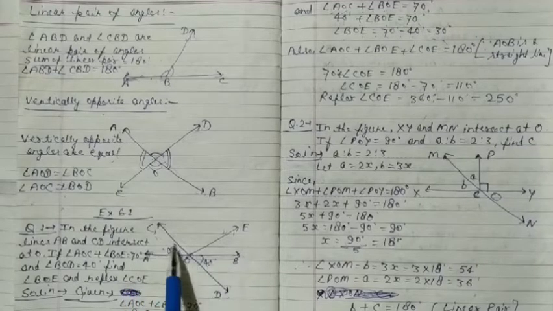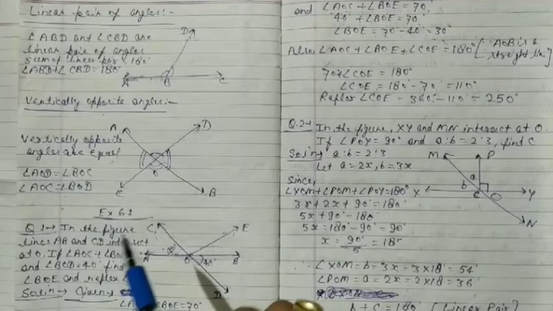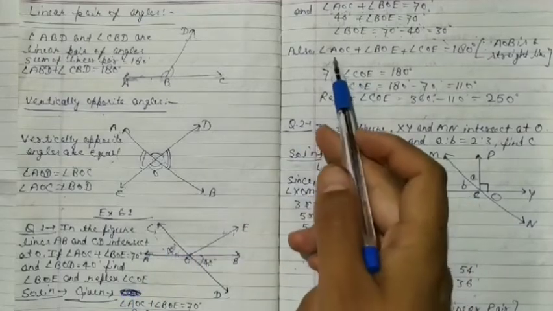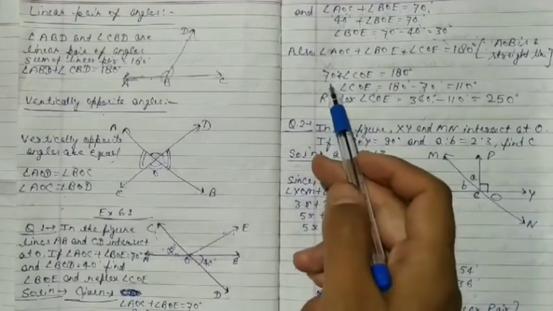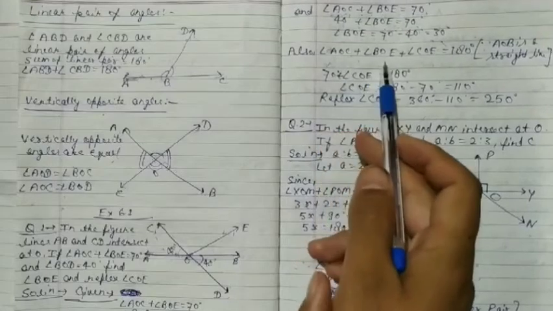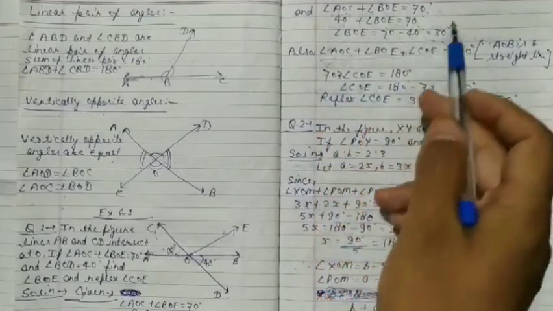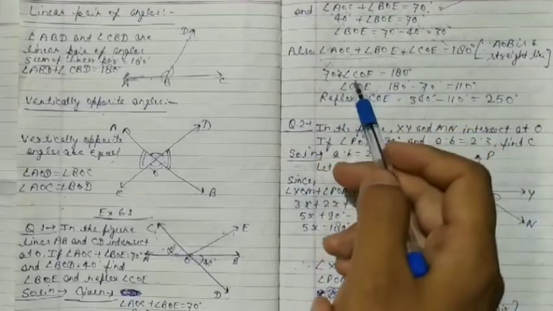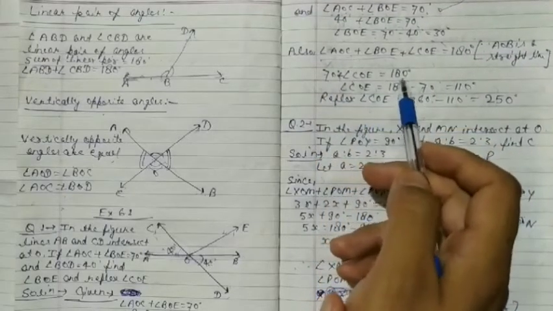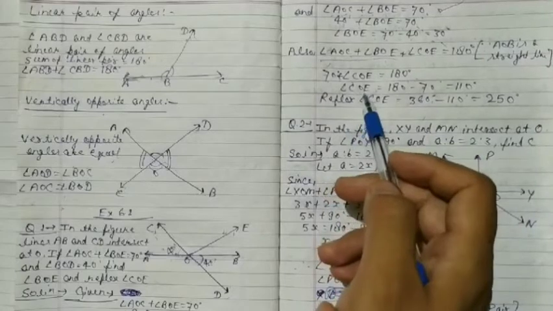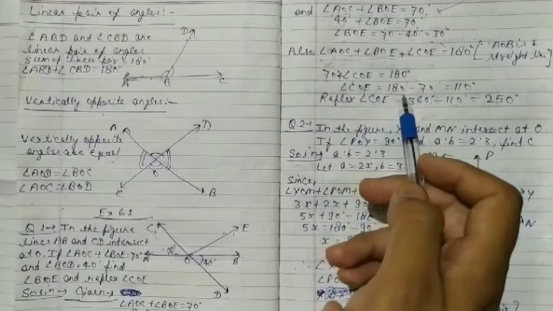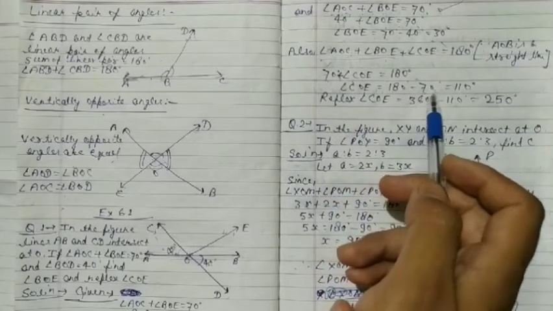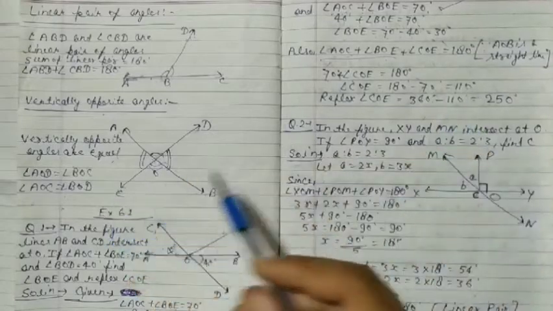So the sum of these angles is 180 degree. Put the value of AOC plus BOE, which is 70 degree. 70 degree plus angle COE equals 180 degree. Angle COE equals 180 degree minus 70 degree equals 110 degree.